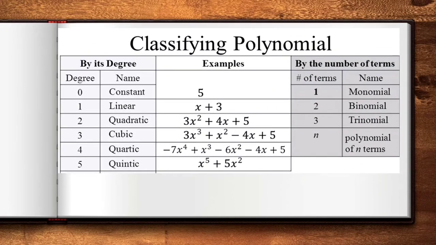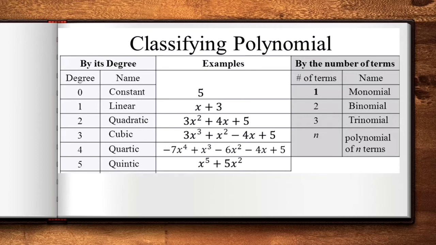Further, a polynomial could be classified based on its degree. If the polynomial has 0 as the degree, that means there is no variable, only a constant is present. In that case, its degree would be 0. Such a polynomial with degree 0 is called a constant polynomial. A polynomial with degree 1 is called a linear polynomial.